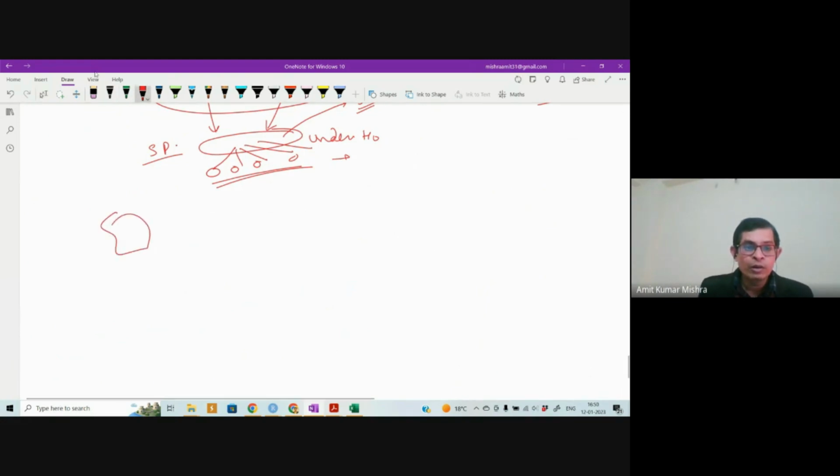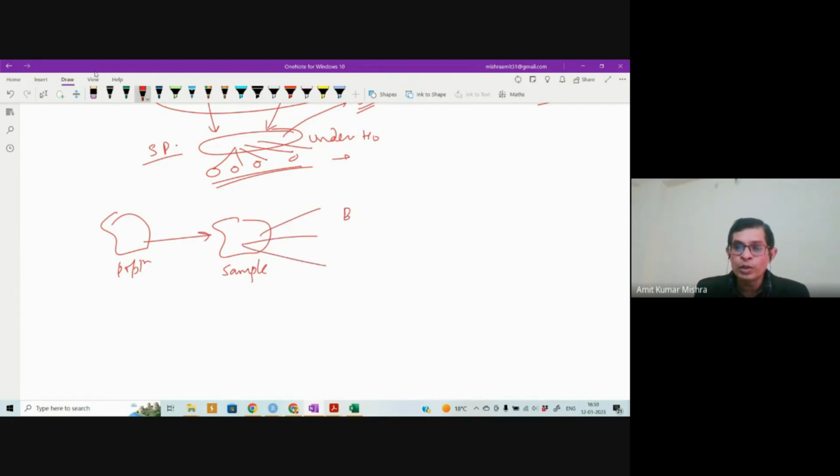We have a population. From population, we have taken a sample. From sample, we have boot samples. Okay. Now, if I wanted to know the confidence interval of something, for example, some function, for example, x bar.